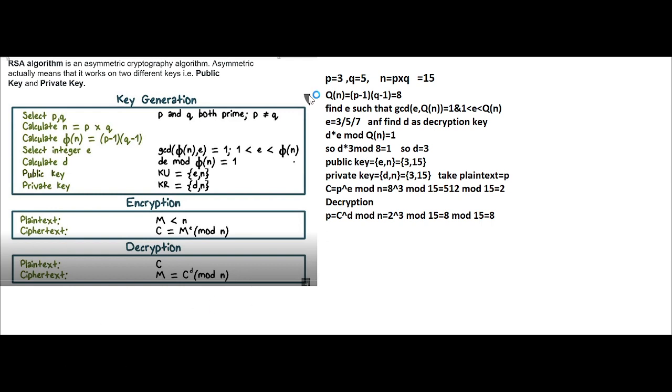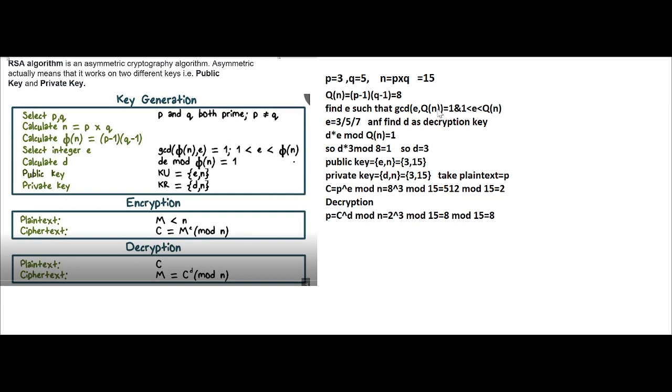Now see the example on the right hand side. I take P equal to 3 and Q equal to 5. I multiply them to get n, and phi n is P minus 1 times Q minus 1. Now I find E. As the formula says, GCD of phi n comma E should equal 1.